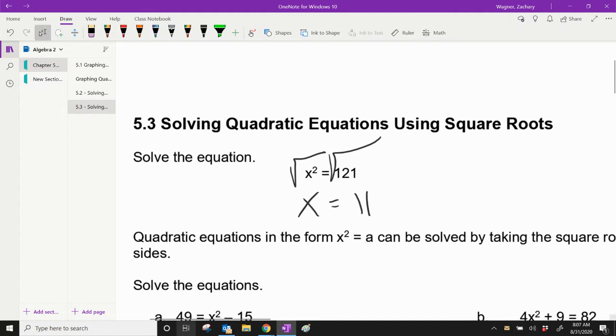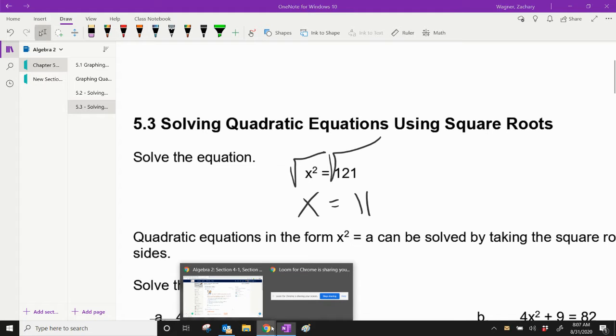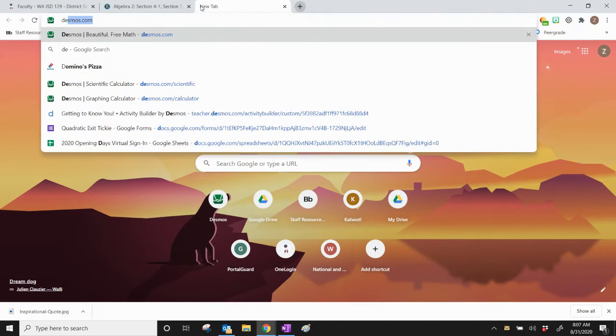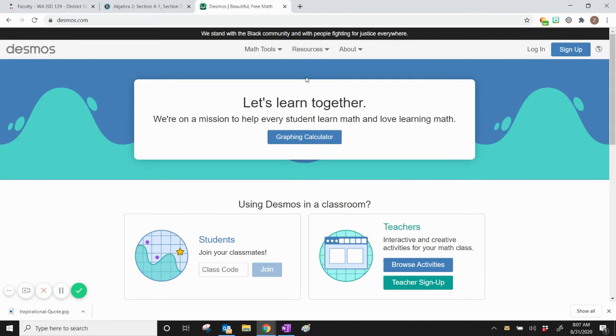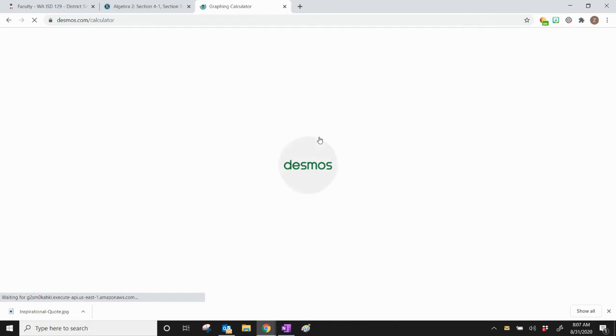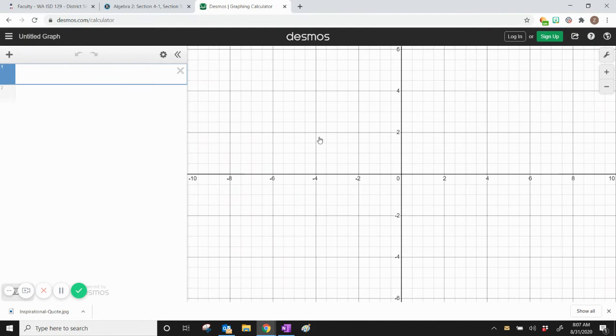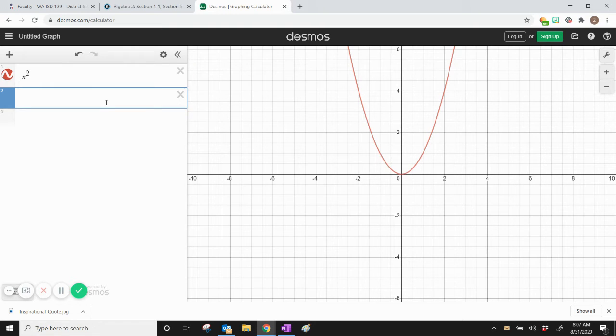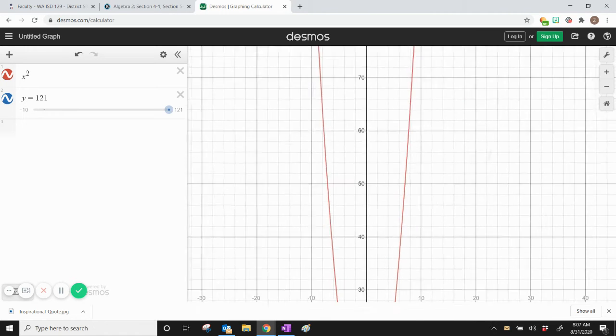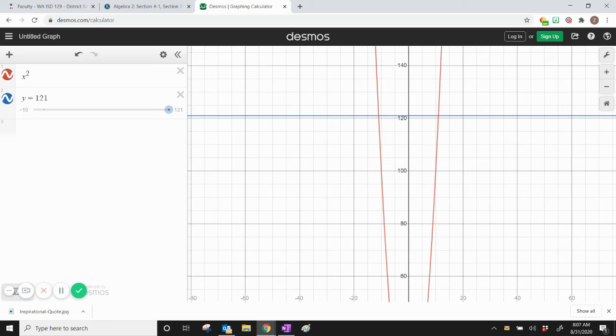Now secretly, I'm going to graph this. This is not necessarily accurate, it's not wrong. The famous words of Bon Jovi, you're only halfway there. If I were to graph x squared and find out when it's equal to 121, you'll notice it does intersect my graph when x is 11.